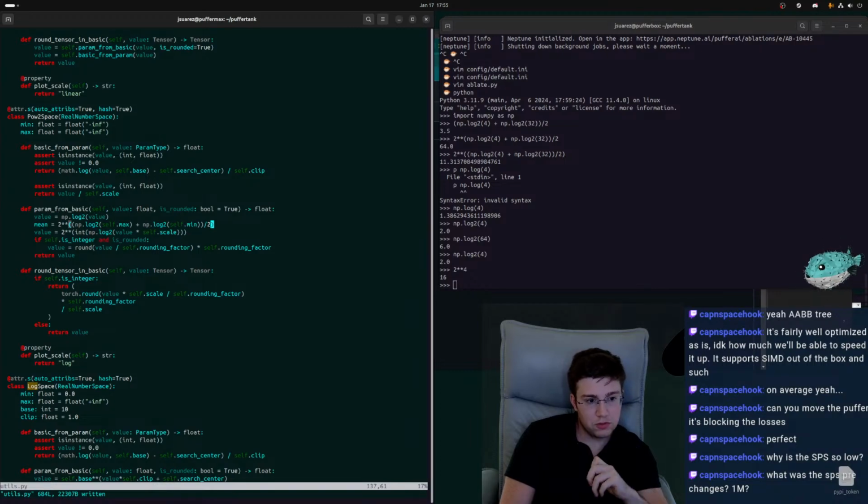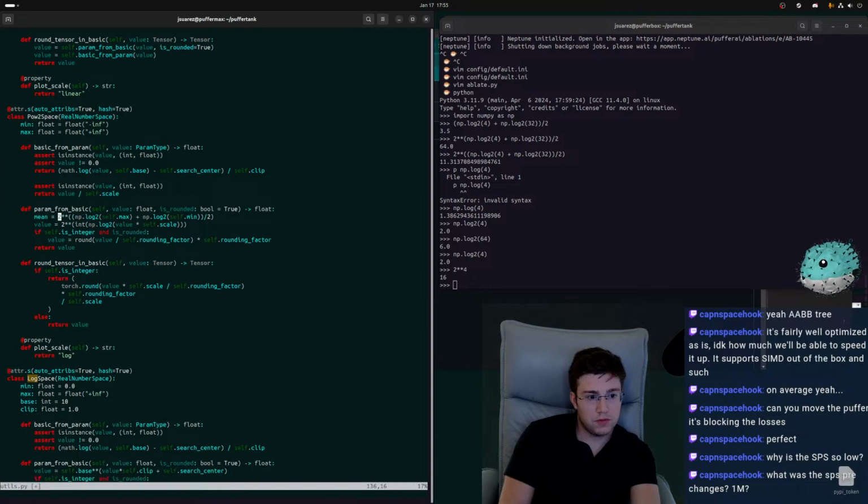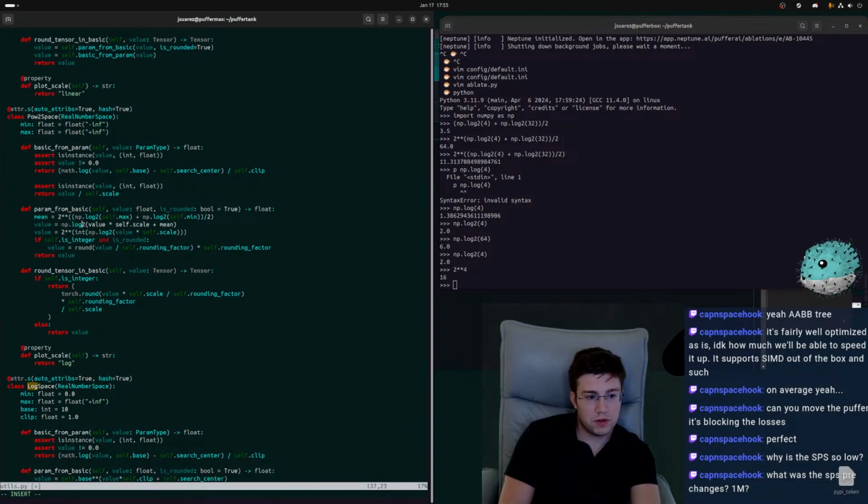Okay, so we do value equal value. We got log 2 value minus mean, and then what?